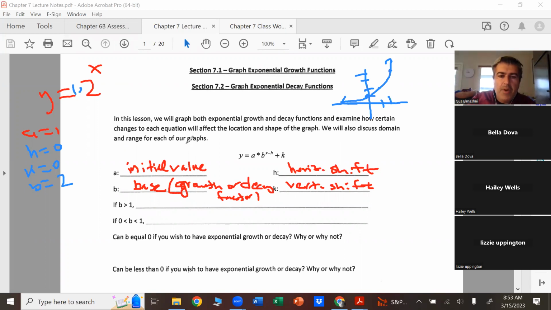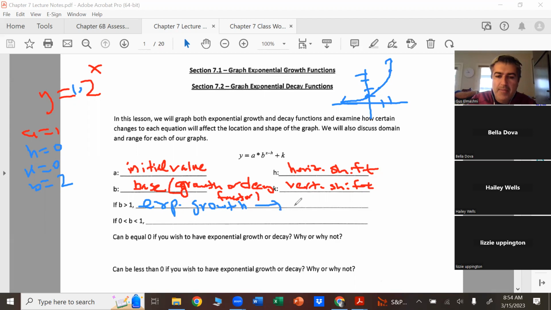But when b is bigger than 1, so when your base is larger than 1, we call that exponential growth. And if I'm going too fast, please let me know too. I could always pump the brakes. More than happy to pump the brakes and go to the kitchen and grab a bite to eat. So exponential growth.